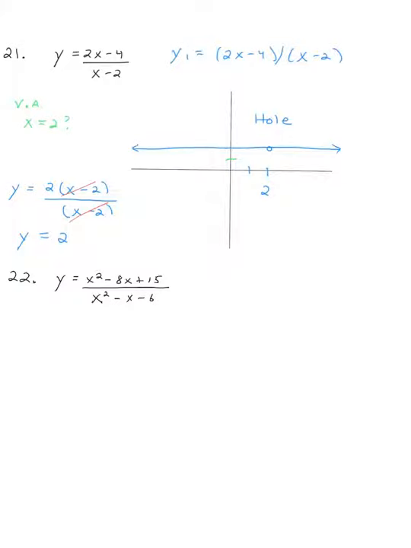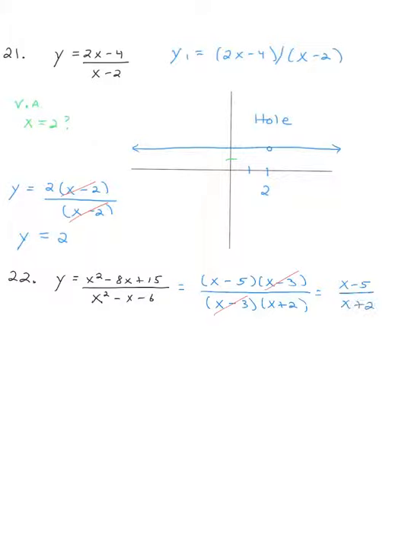So let's be careful in this example too. So I'm going to start by factoring it. If I factor the numerator, we get x minus 5 and x minus 3. In the denominator, we get x minus 3 and x plus 2. Oh, well, here we have another situation where this factor can cancel with this factor, and we're actually left with the equation x minus 5 over x plus 2.